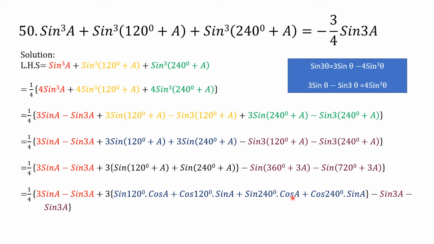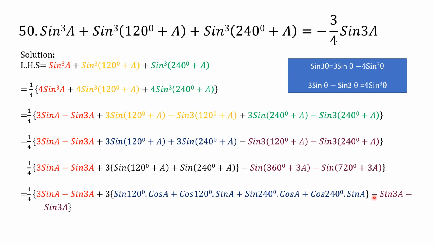And again we have learned that sin (360 plus theta) is sin theta, and sin (720 plus theta) is also sin theta. So we have just replaced sin (360 plus 3a) as sin 3a, sin (720 plus 3a) also as sin 3a. And then in the next line, we'll keep the values of sin 120, cos 120, sin 240 and cos 240.